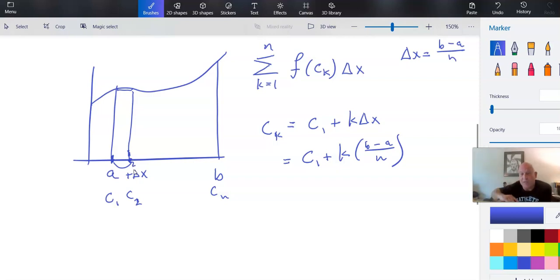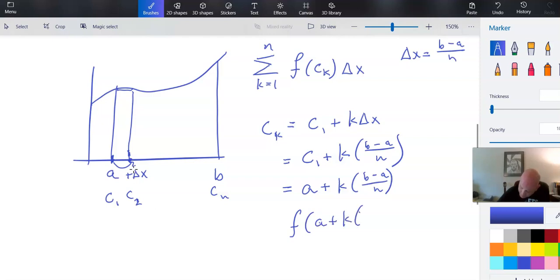It actually doesn't matter which side you start with. So our CKs are a plus k times delta x. Okay, so that changes the formula to f of a plus k times b minus a over n, right?